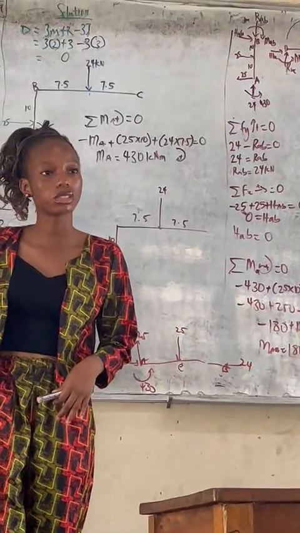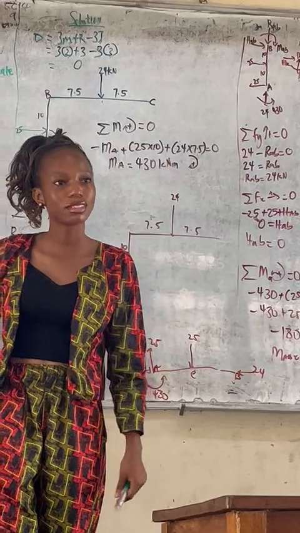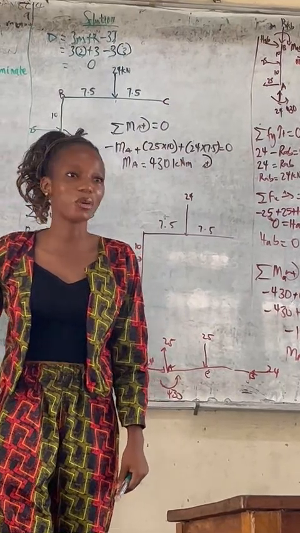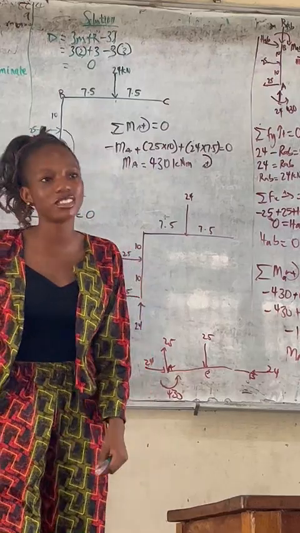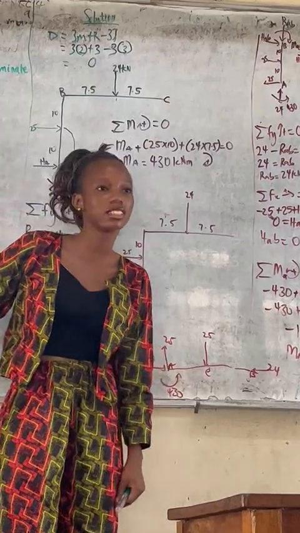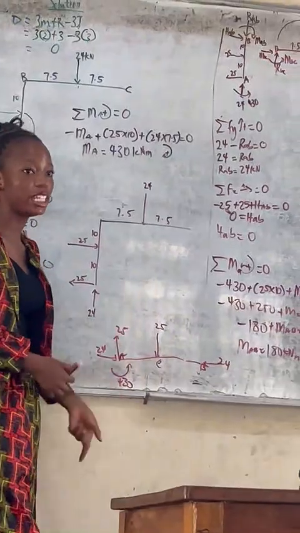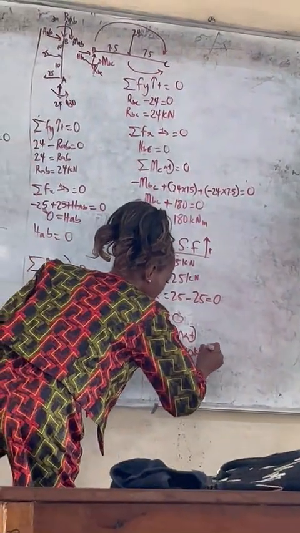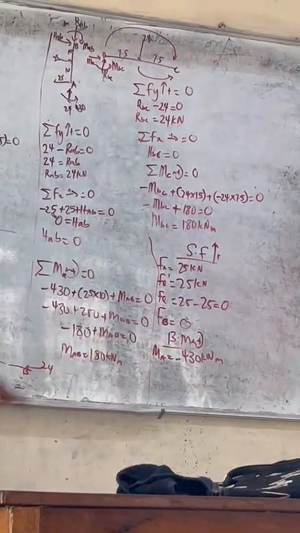This is a free support. What support is this? That's in what direction? In the anti-clockwise direction. We have a negative positive. We are done with MA.